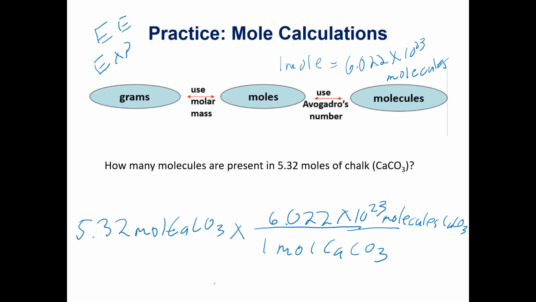So if you type into your calculator 5.32 times 6.022 times 10 to the 23rd, we find out that we have 3.20 times 10 to the 24th molecules of calcium carbonate.